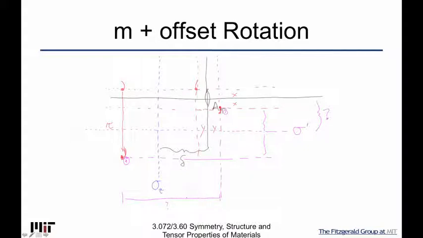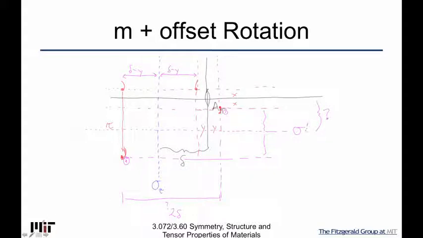This one's the same as we did before, y plus y. Remember that this distance here is delta minus y. Because of the reflection part of the glide operation, it's y plus y, delta minus y, delta minus y. So that means this one's settled. This is 2 delta. And then we just have to figure out this one.